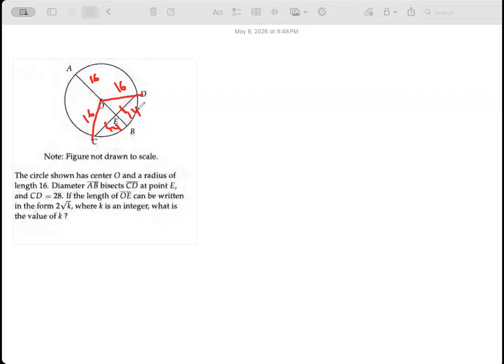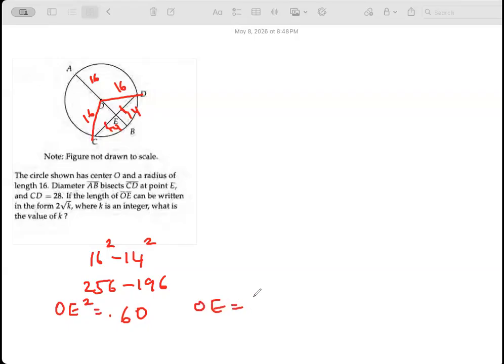The length of OE can be written as 2 root K. So Pythagorean theorem, right? So that is OE squared. So OE squared will be equal to 3 times 2 times 2, 4 3s are 12, 12 5s are 60.